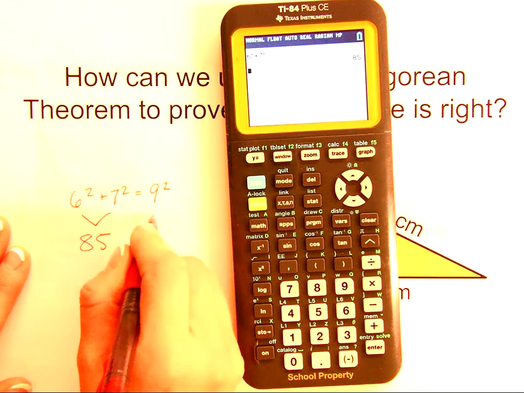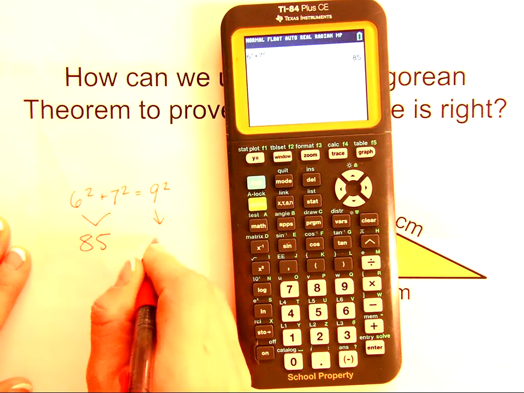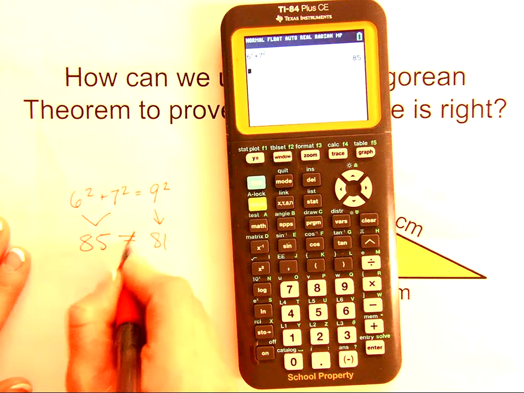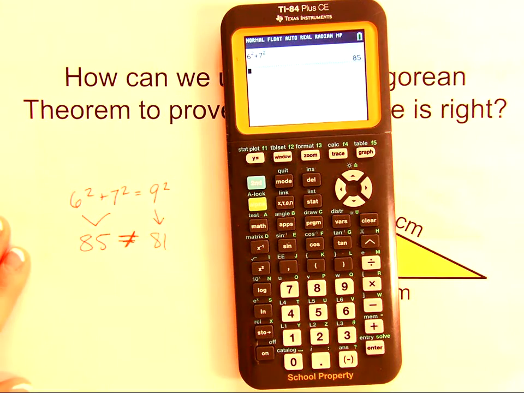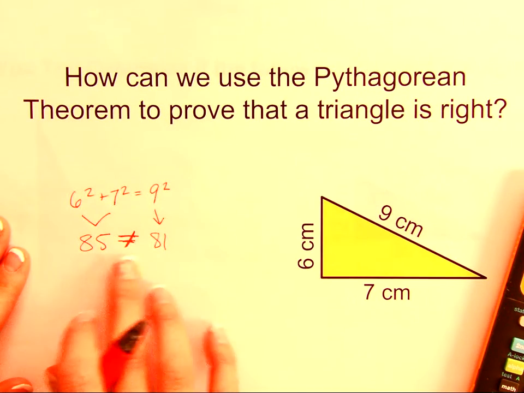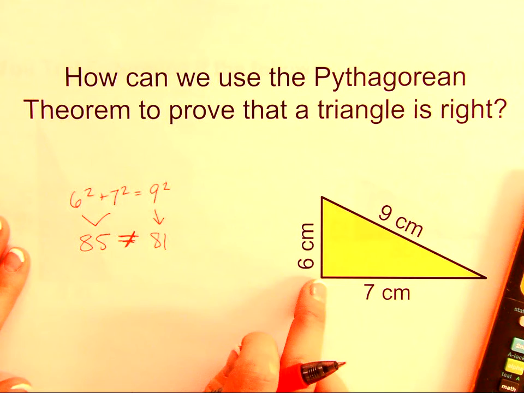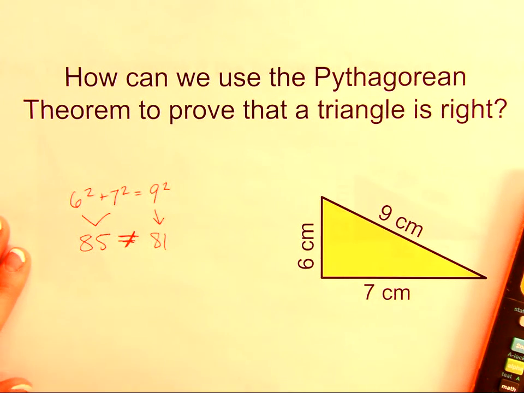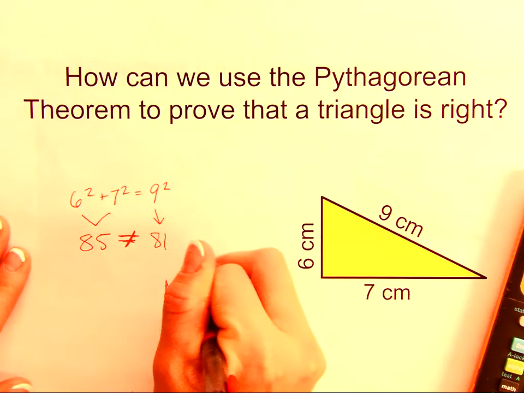And I know 9 squared is 81. You can use your calculator if you want to. Those are not equal, right? 85 does not equal 81, which means this isn't a right triangle. It's pretty close, but maybe this is like 92 degrees and not a perfect 90 degrees. Or maybe it's 85 degrees. Either way, it is not a right triangle.